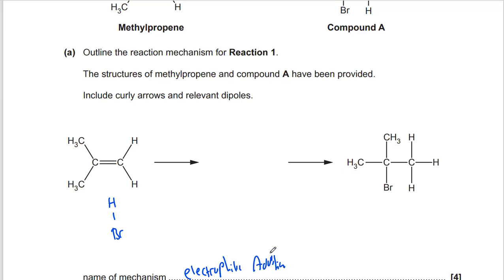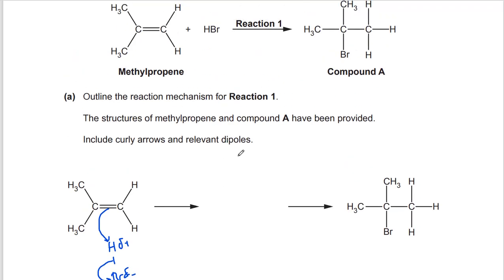Forgive my terrible handwriting. So, straightforward mechanism, as always. Make sure you put your dipoles on. This is why this works, because you have a dipole between the hydrogen and the bromine. Arrow starts from the center of the electron dense region, which is the double bond, goes to hydrogen. The hydrogen-bromine bond breaks, so from the bond to the bromine to form your intermediate. Now be careful with your intermediate because it tells you what the product should be.